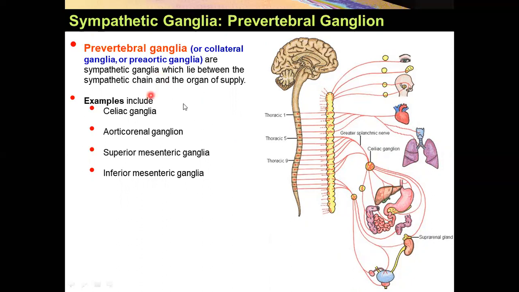And these prevertebral ganglia lie between the sympathetic chain and the organ they supply. And the major prevertebral ganglia are the celiac ganglion, superior mesenteric ganglion, inferior mesenteric ganglion, and aorticorenal ganglion.